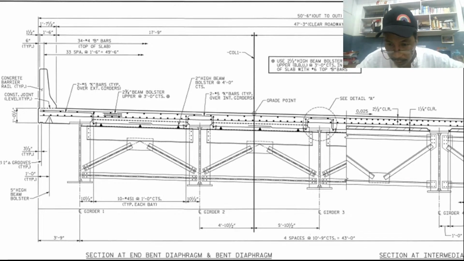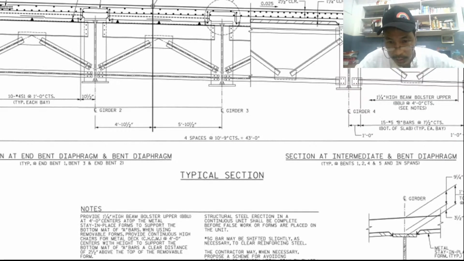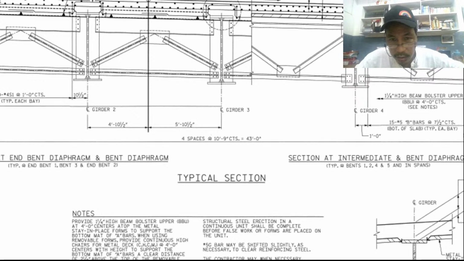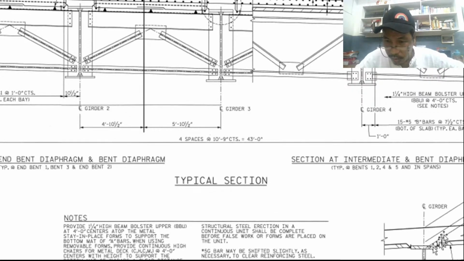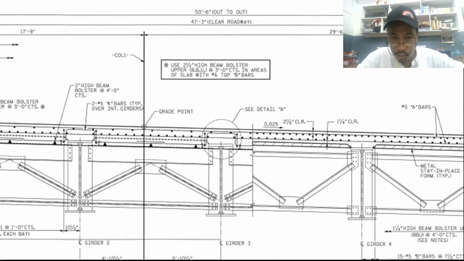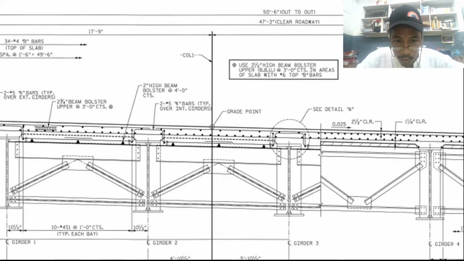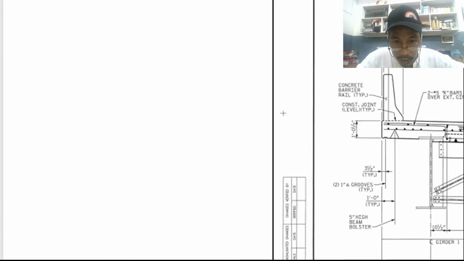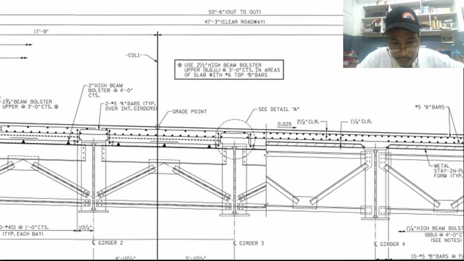Let us enlarge it further. So enlarge by 2 clicks. So 3 clicks. So we have what? Times 2. 200%. We have now the 200%. So I think we can now read the details.